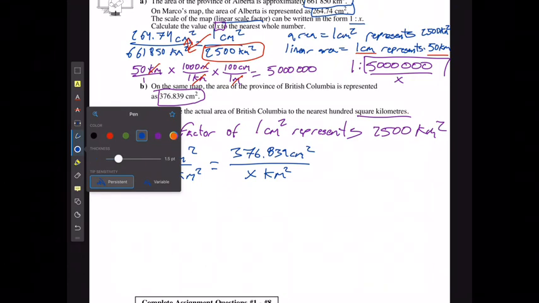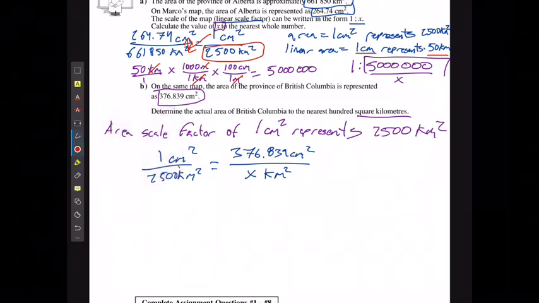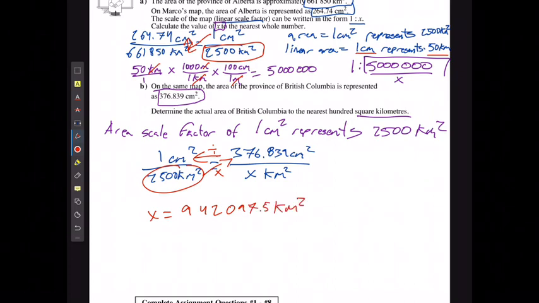If I want to solve for x, that's going to be 2,500 multiplied by 376.839 and then divided by 1. Which means that x is going to equal 942,097.5 kilometers squared.